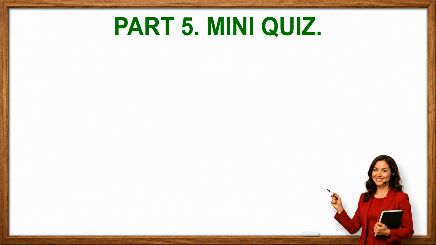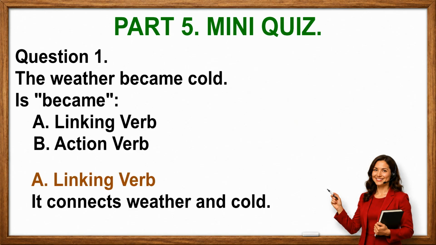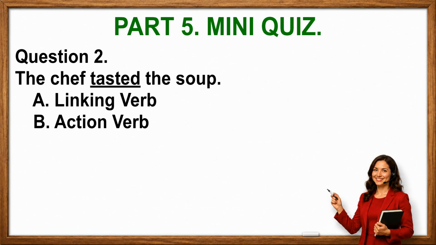Part 5, Mini Quiz. Let's see how much you've learned. Question 1. The weather became cold. Is became A, linking verb, B, action verb? Answer A, linking verb. It connects weather and cold. Question 2. The chef tasted the soup.